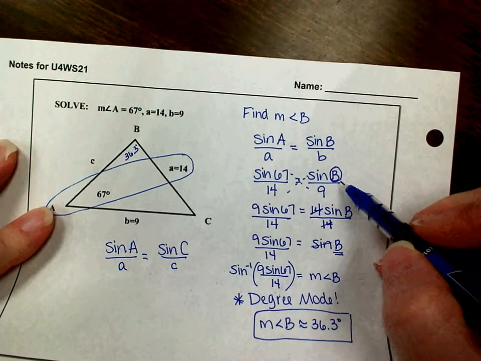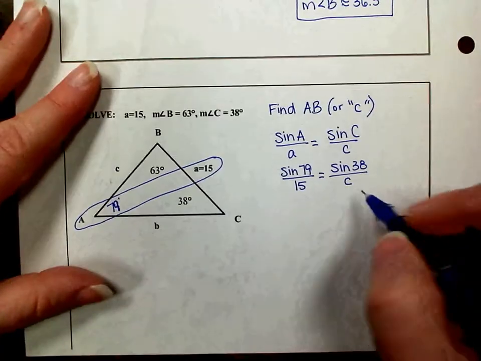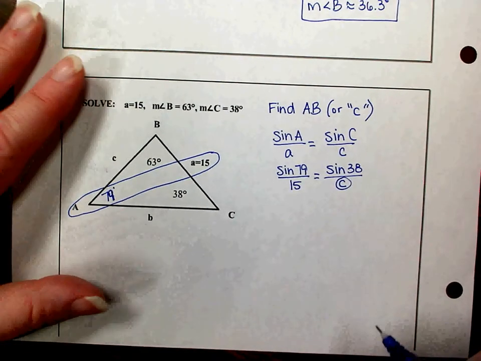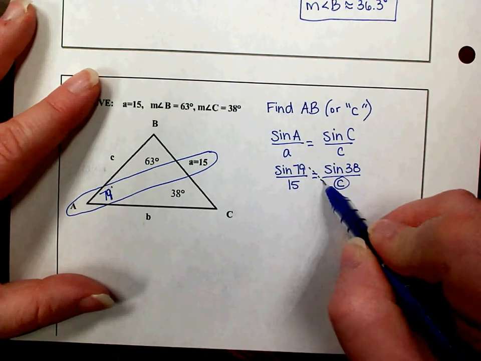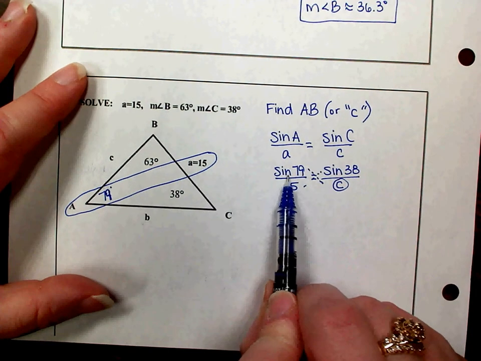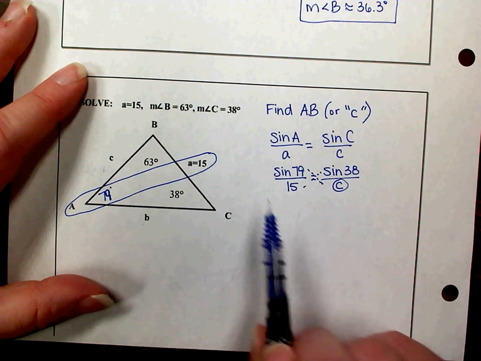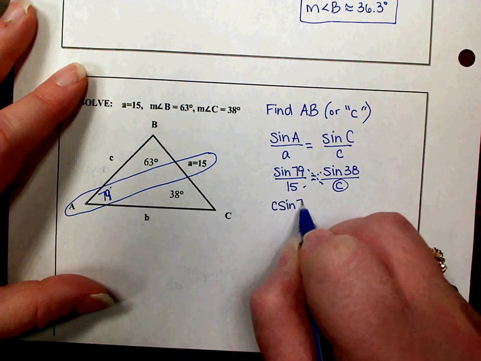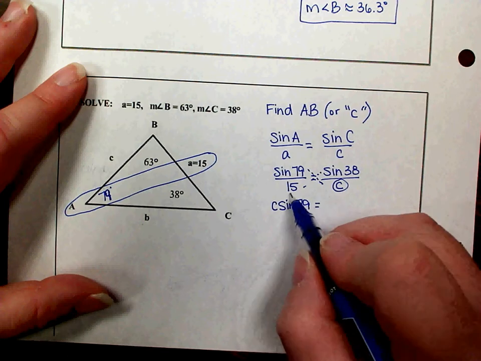On this one, we're missing a side. But we solve it exactly the same way. We're going to start off by cross multiplying. Remember, when I multiply by the sine of something, that number is going to go in front as a coefficient. So C sine of 79 equals 15 sine of 38.